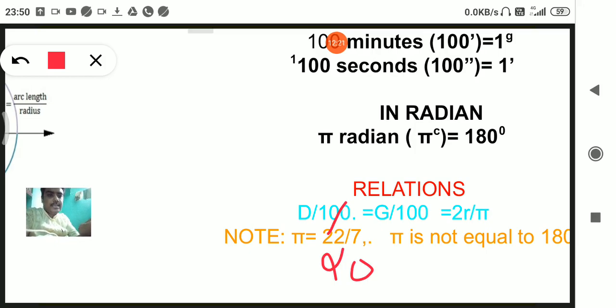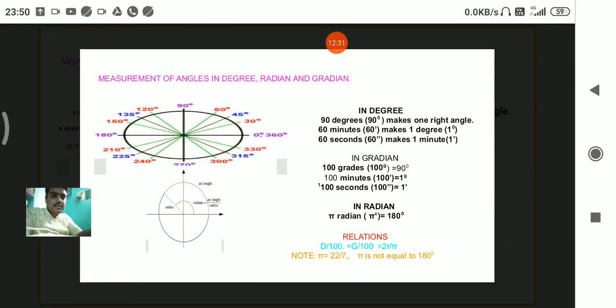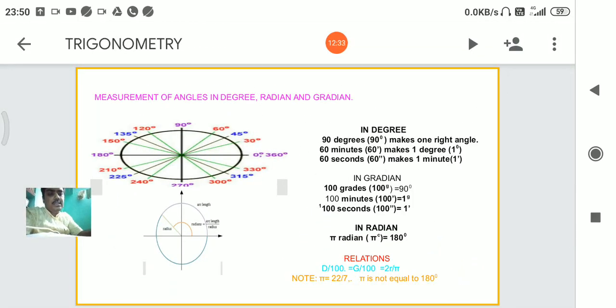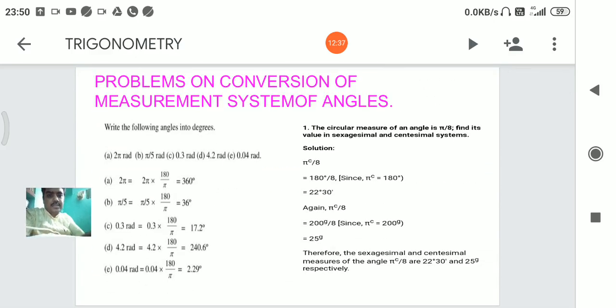D by 90 is equal to G by 100 is equal to 2R by pi, where D is degree, which should be by 90. And from that you can easily convert from one measurement system to another measurement system.